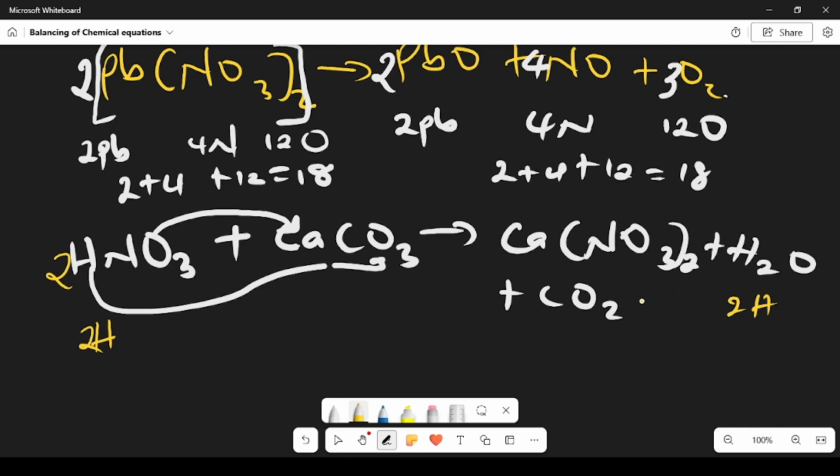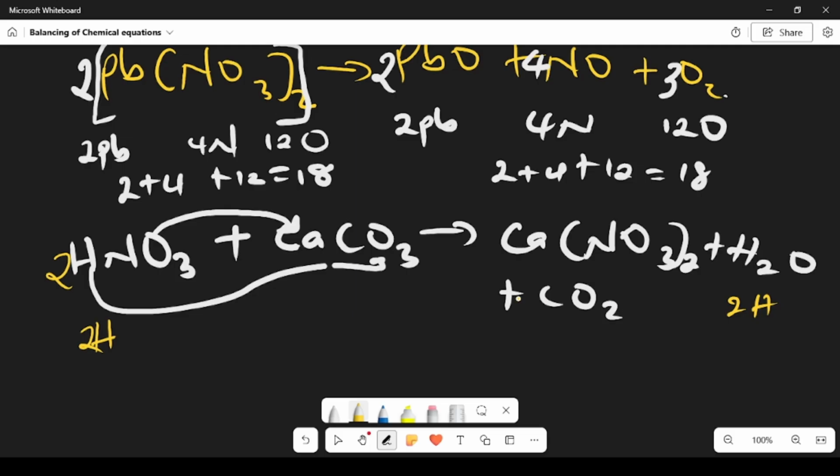The next thing is to take care of nitrogen. And I want to say this: it's not a must that you balance all these elements one after the other. You can start with any one of your choice, as far as that particular one will help you reach your goal faster. So that is what you should note.